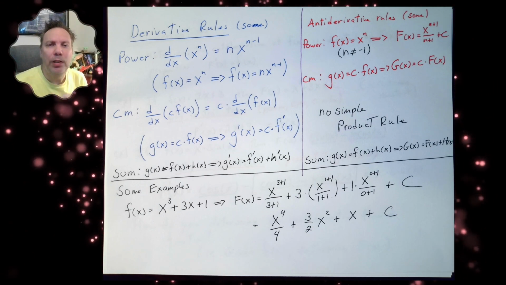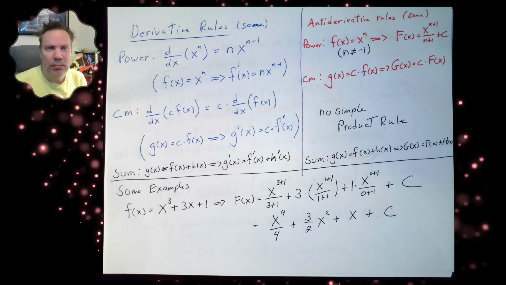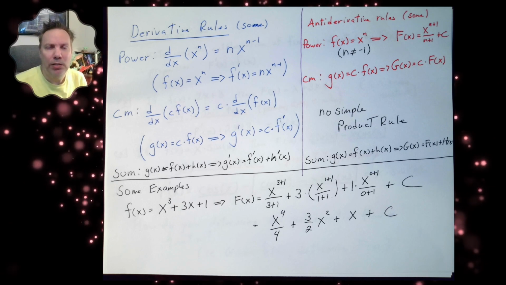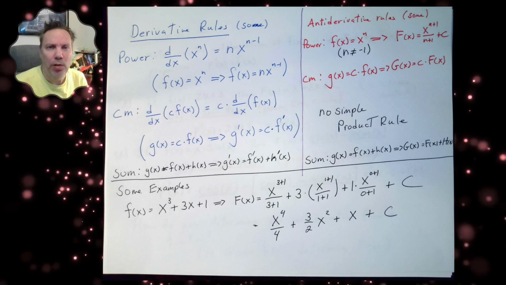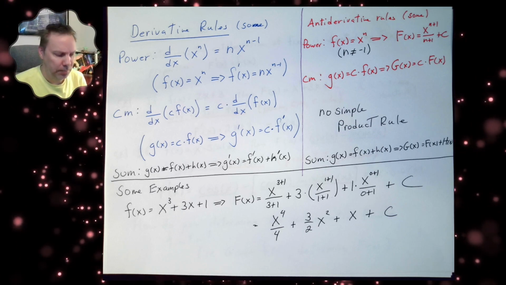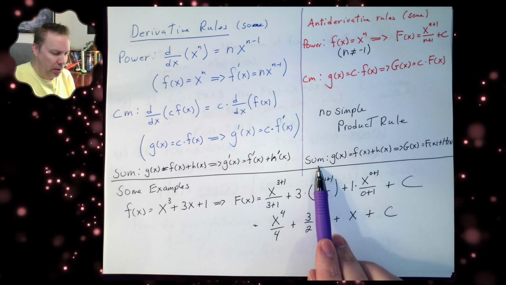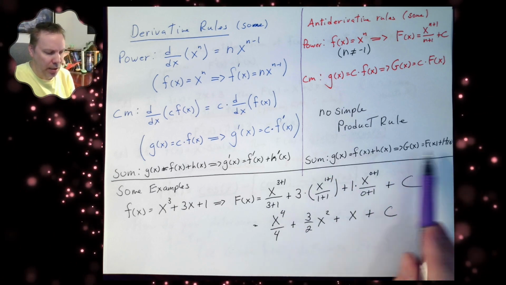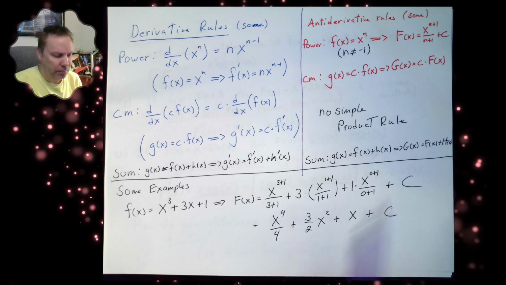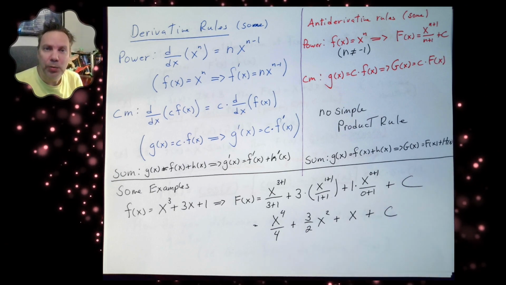In fact, we're not even going to talk about integration by parts. That's the non-simple product rule that I referred to earlier. The sum rule: the antiderivative of a sum is the sum of the antiderivatives. So that's a very nice rule.